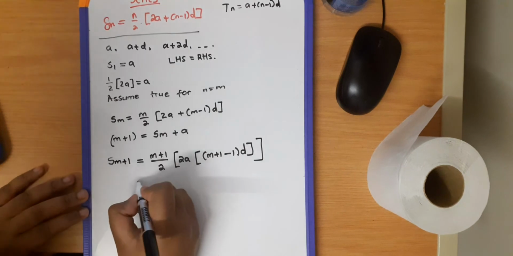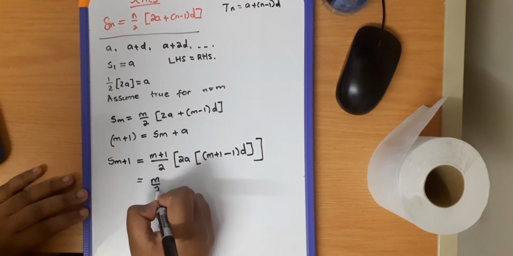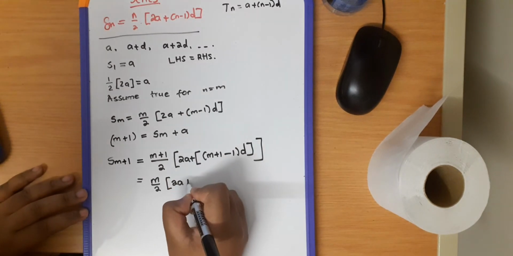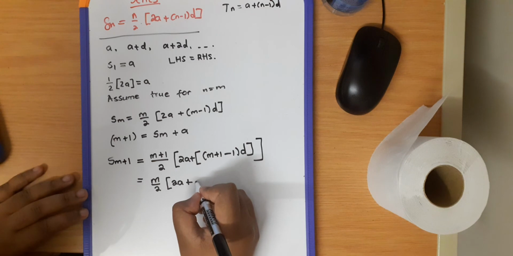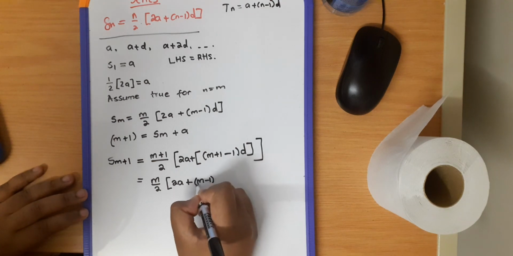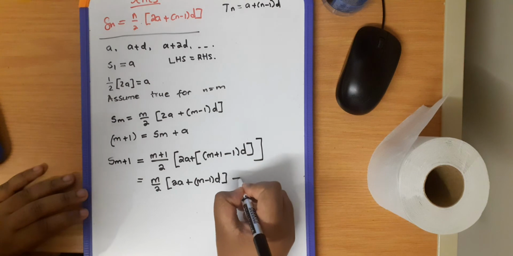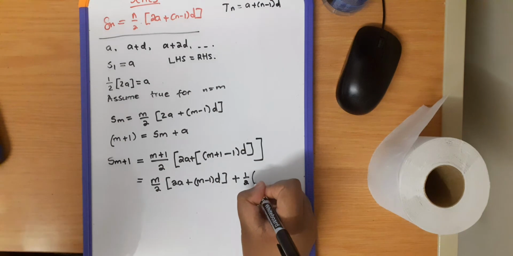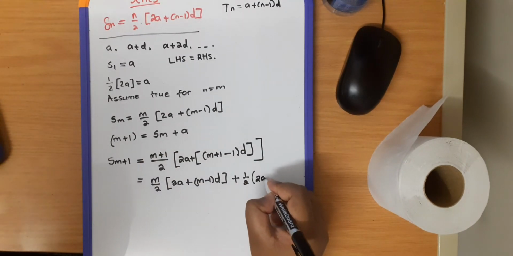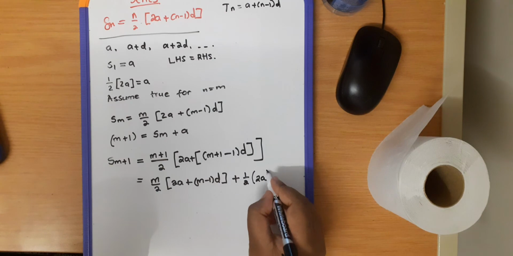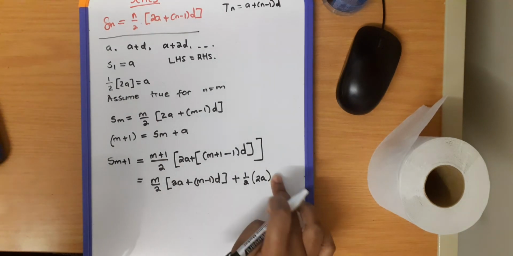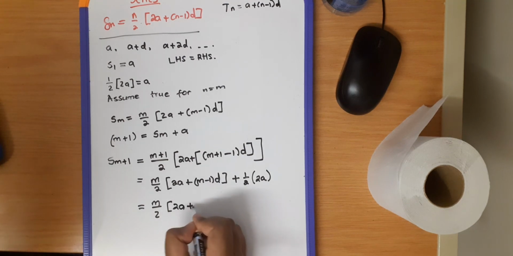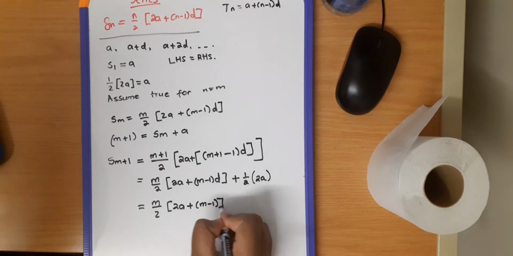For m plus 1, I'm going to have m over 2 times (2a plus (m minus 1)d), plus 1 over 2, because you took out the plus 1 term, times 2a, and then you don't have any d's, which equals 2a plus (m minus 1)d plus a.